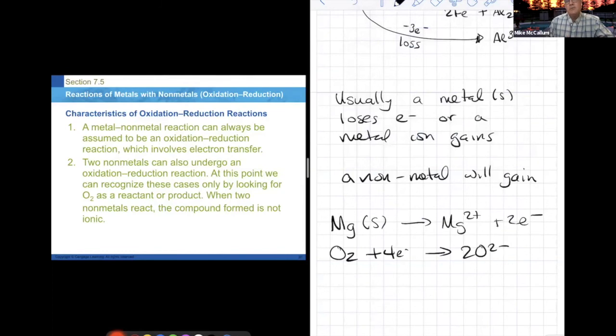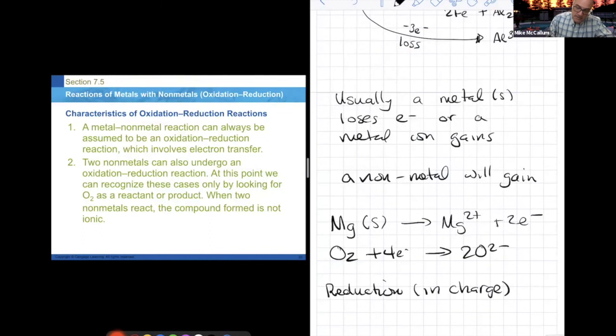Okay, how can we relate these two equations to the words oxidation and reduction? It turns out that reduction refers to the reduction in charge. And that's where this all starts. So what we want to do here is see which of these two species is going down in charge. Magnesium is going from magnesium neutral to +2. So magnesium's gaining charge. So that must mean the oxygen is the reduction, right?